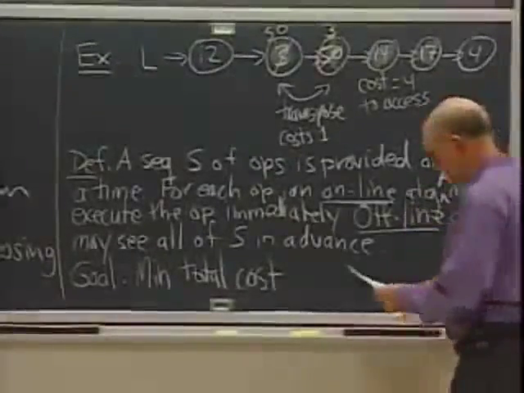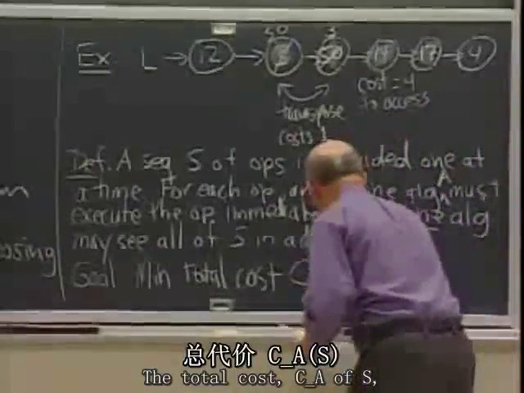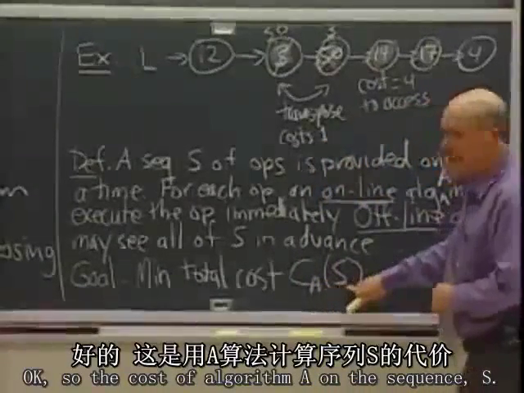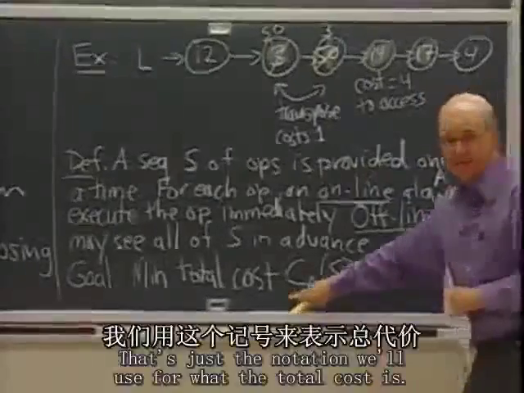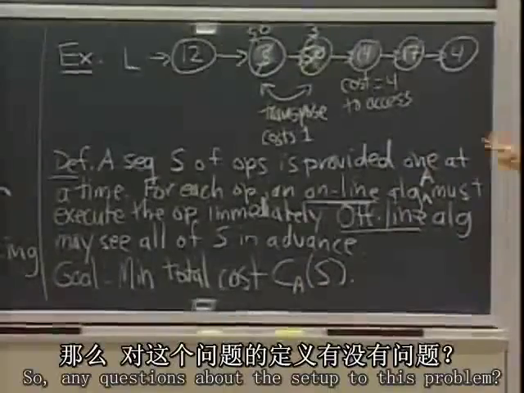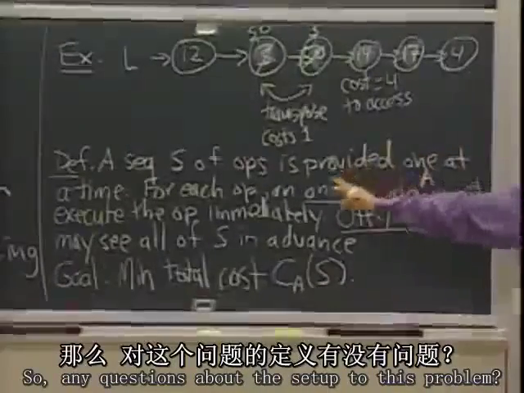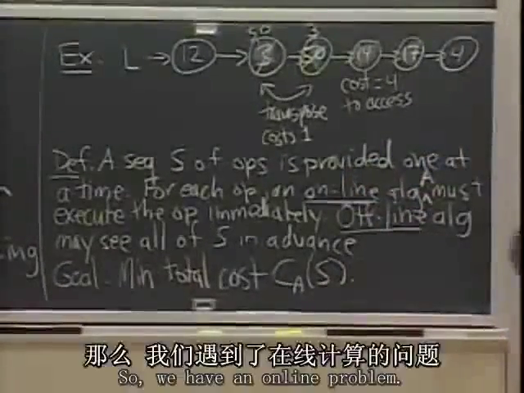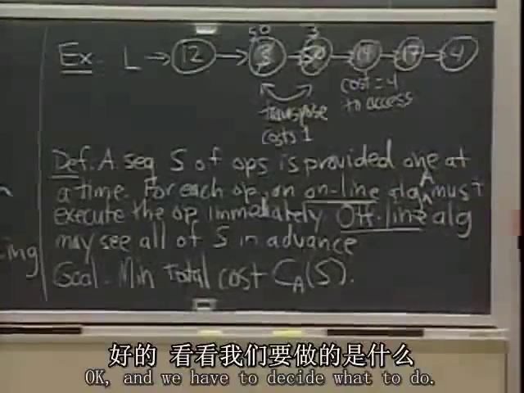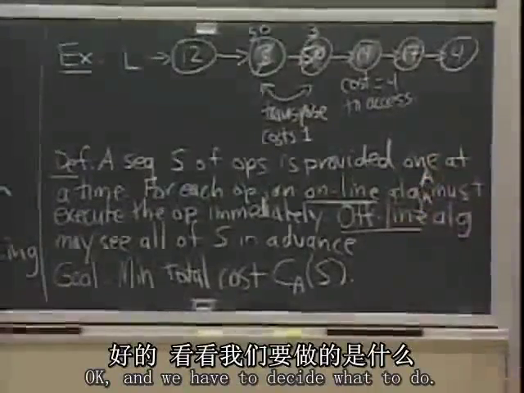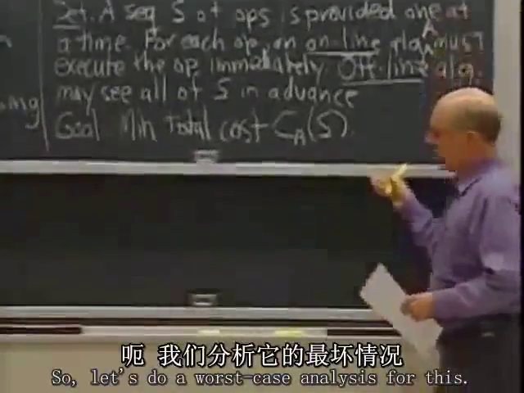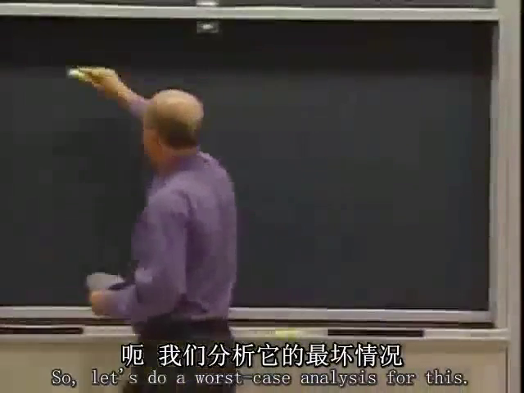The total cost C sub A of S. So the cost of algorithm A on the sequence S. That's just the notation we'll use for what the total cost is. So any questions about the setup for this problem? So we have an online problem. We're going to get these things one at a time, and we have to decide what to do. So let's do a worst case analysis for this.